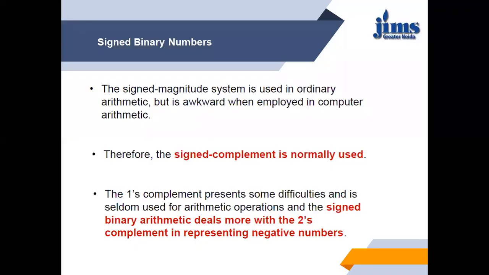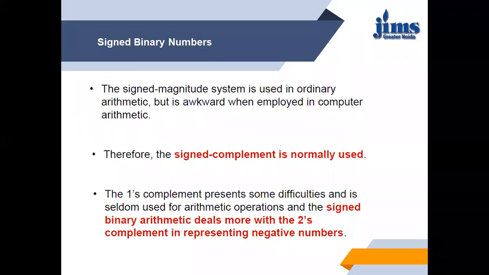Now, the ones complement represents some difficulties as it's seldom used for arithmetic operation, and signed binary arithmetic deals more with twos complement in representing negative numbers. So hereafter, when we have to represent a negative number, it is more convenient to use twos complement of the positive number.